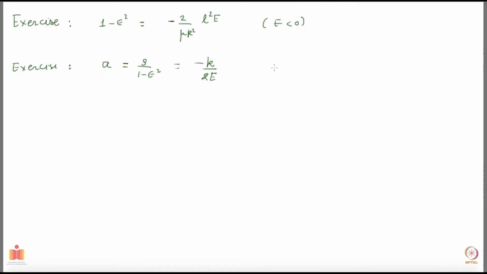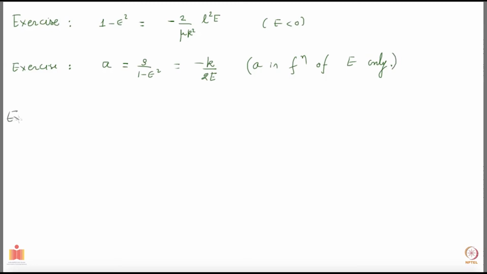So let me write it down. A is a function of E only. I'm not saying anything about k because that's given by the problem. That is not determined by the initial conditions.